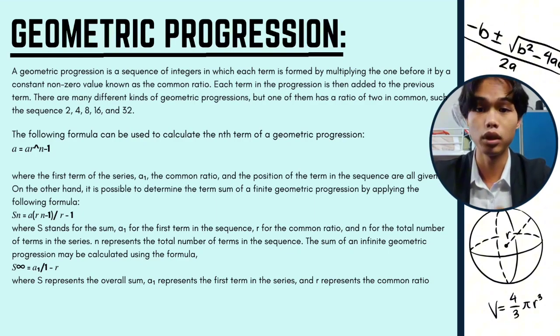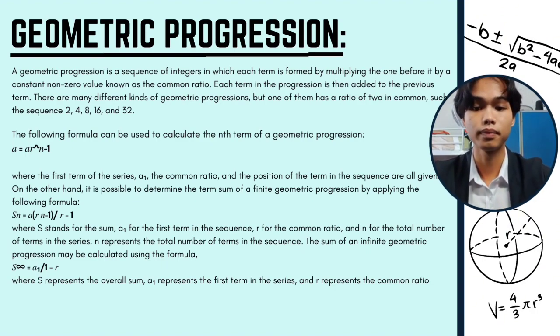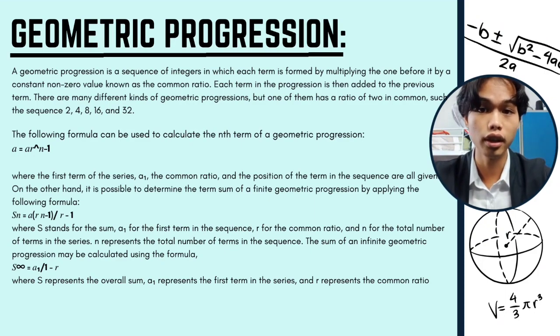The following formula can be used to calculate the nth term of a geometric progression: An = a r^(n-1), where a is the first term of the series, r is the common ratio, and n is the position of the term in the sequence.